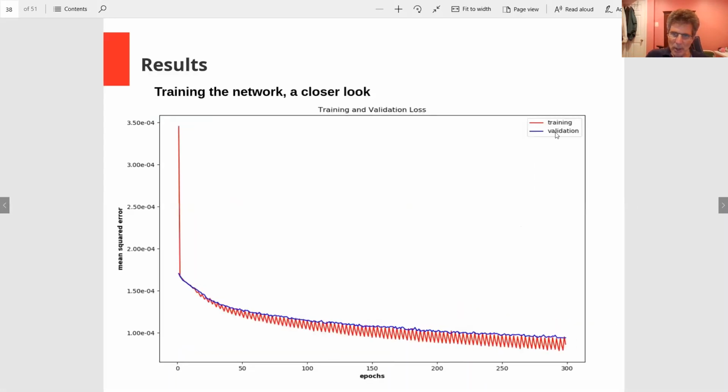Okay, so look at the red, that's the training. And what's happening is, you see here at the top of one of those zigzags, you're getting a new set of training data. And then it trains on that for a few epochs, and then that's swapped out and a new training batch is swapped in. That's why this has that kind of zigzag character, because of the way the training schedule is structured.